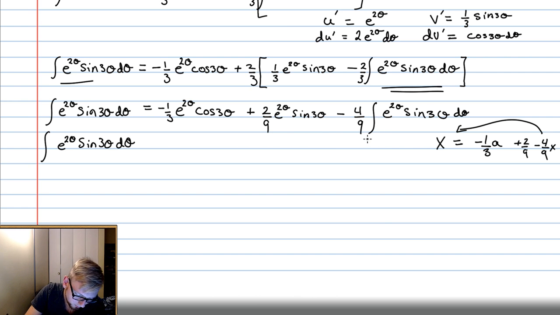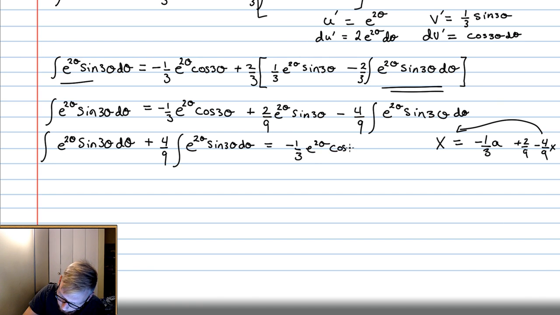It becomes positive, and so you add it, so plus 4 over 9 as the integral of e to the 2 theta sine 3 theta equals, and then what we still have left, negative 1/3 e to the 2 theta cos 3 theta, and plus 2 over 9 e to the 2 theta sine 3 theta.